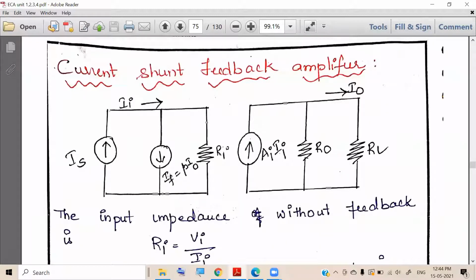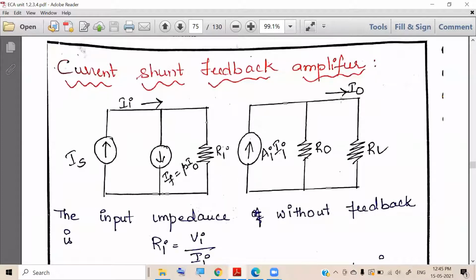In this case, input is also current and output is also current. That is the reason we represent the amplifier by a current amplifier.